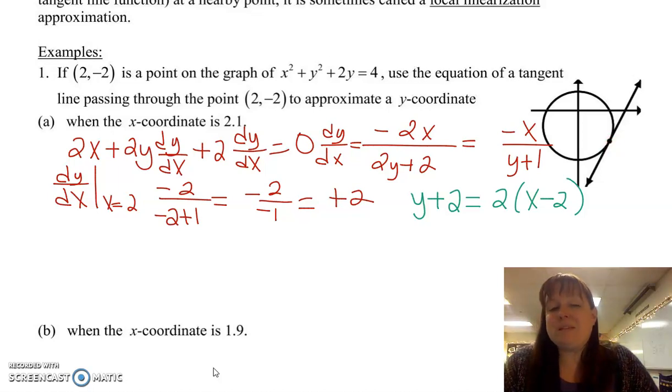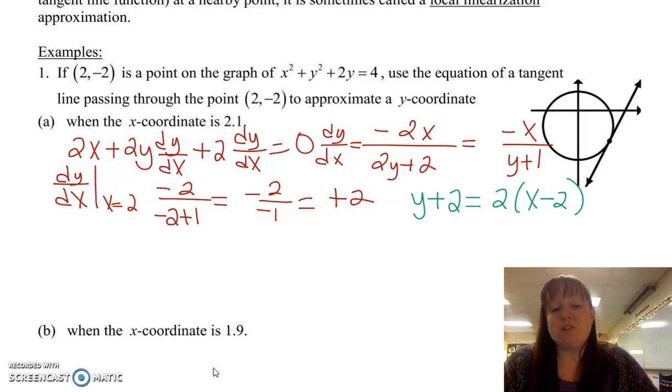Now the line wouldn't be touching the circle, but it would come super close to the circle. So the value of my tangent line at 2.1 is going to be really, really close to the value of my tangent line at 2. So again, the value of my tangent line at 2.1 is going to be really close to the value of the circle at 2.1.